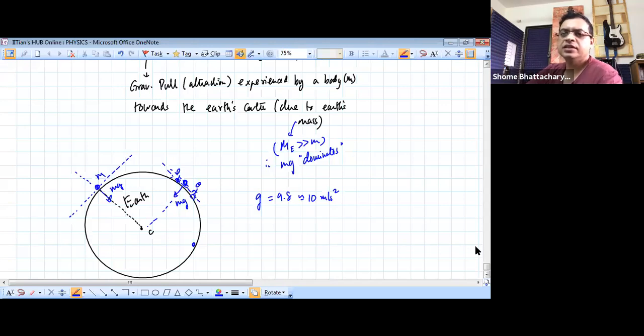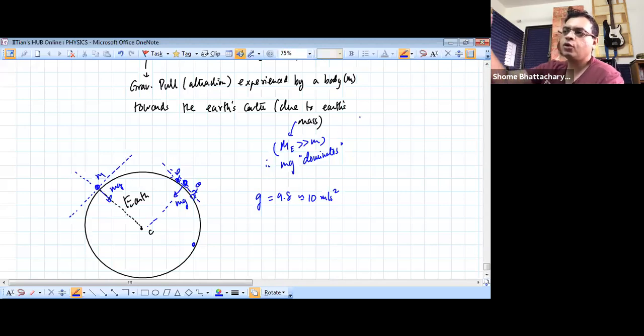Yes, so in fact, every mass has gravitational force, beta. So even your pen is applying some gravitational force on you, but that force is negligible. It's very, very small. If you calculated it, its order of magnitude would probably be something like 10 raised to the power minus 50 or 10 raised to the power minus 60 times the weight of the pen, because your mass is that much less compared to the mass of the Earth.